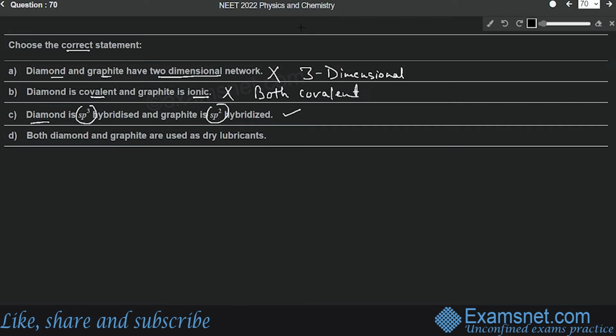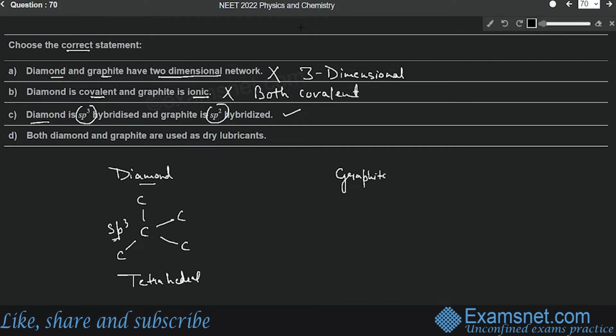Let's have a look at the structure in each case. First, we'll see diamond. In case of diamond, each carbon atom forms sigma bonds with 4 neighboring carbon atoms. Okay, and the shape is tetrahedral. Okay, so this is sp3 hybridized carbon of diamond. Now, what happens in case of graphite?